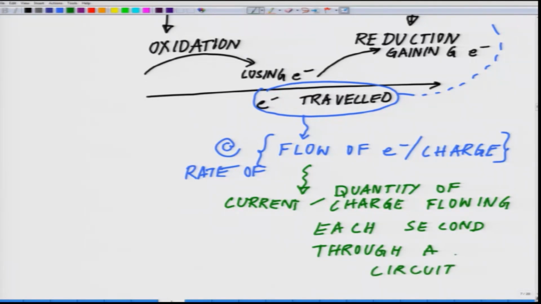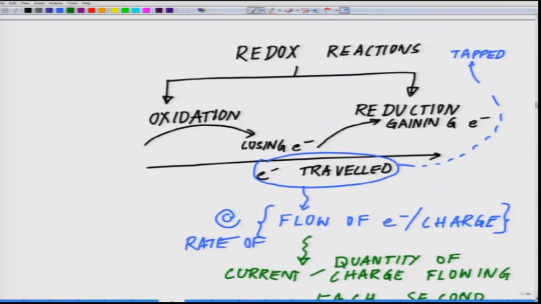So, between two species, say one species of compound could lose an electron, and here is another compound which could gain an electron.